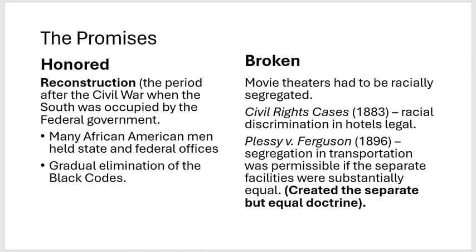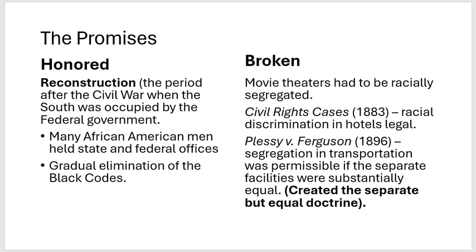All right. So honored. This is what was happening initially with Reconstruction. So that period after the Civil War, when the South was occupied by the federal government and trying to teach them what it meant to be, quote, a good state and to treat people with equality.